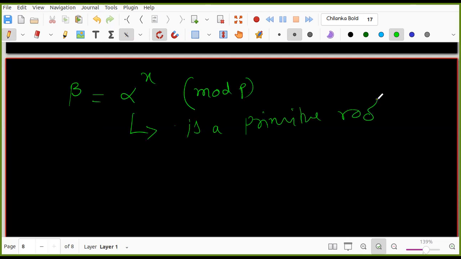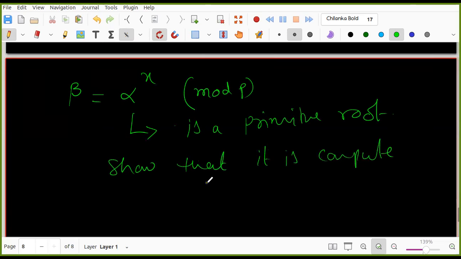Now show that it is easy to compute the parity of x. Parity means even or odd. Even though we do not know x, it is easy to find the parity of x.